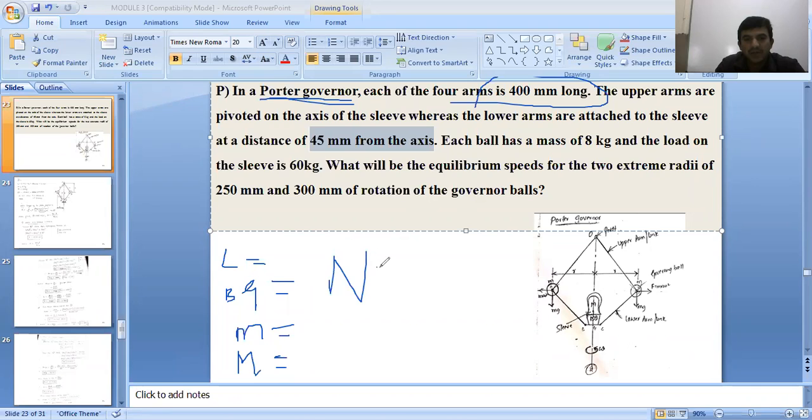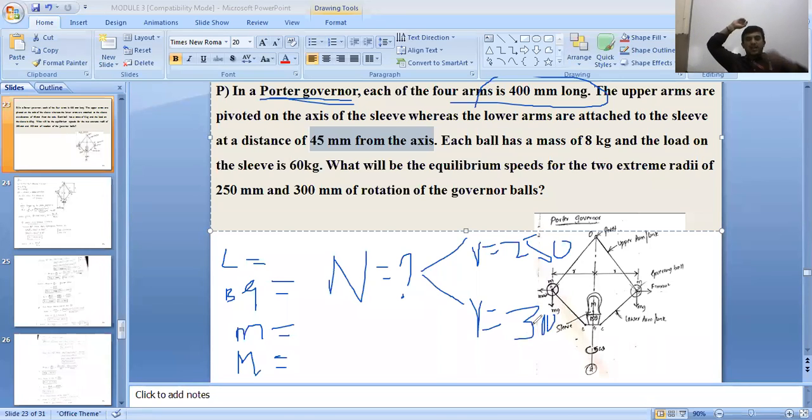Now I want to calculate the equilibrium speed, N. For the two extreme positions, one extreme position when r is equal to 250 mm, another one r is equal to 300 mm. So I want to calculate N. Whatever the dimensions are, convert the dimension from millimeter into meter. Force should be in Newton. Mass should be in kg.